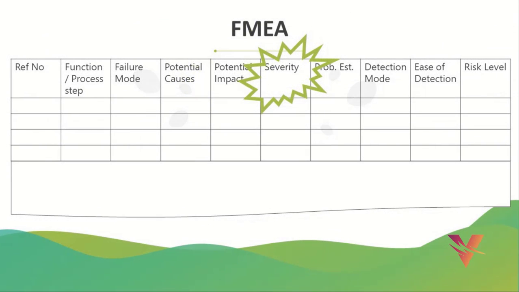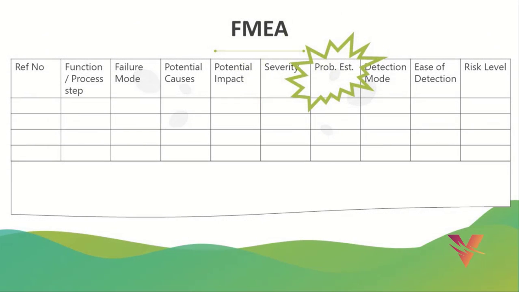Then we have some measure of severity, how severe is the potential impact or effect on the end user or the client, the customer in our projects, or to our stakeholders.